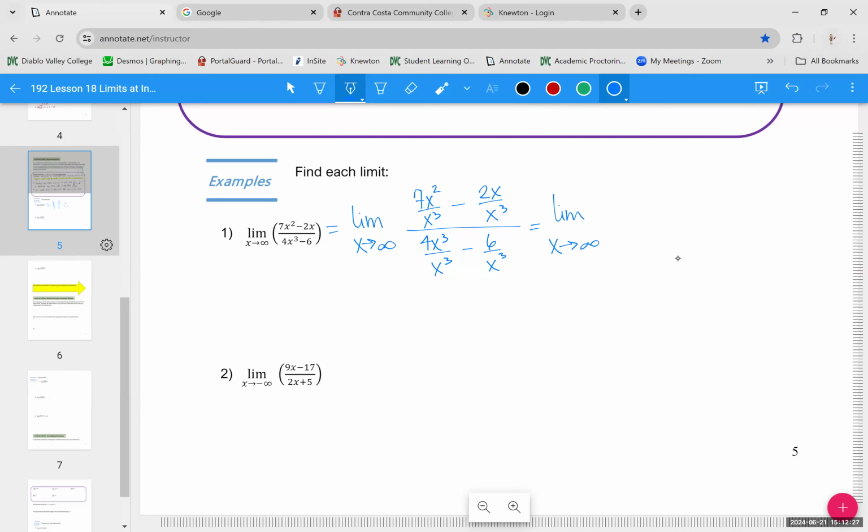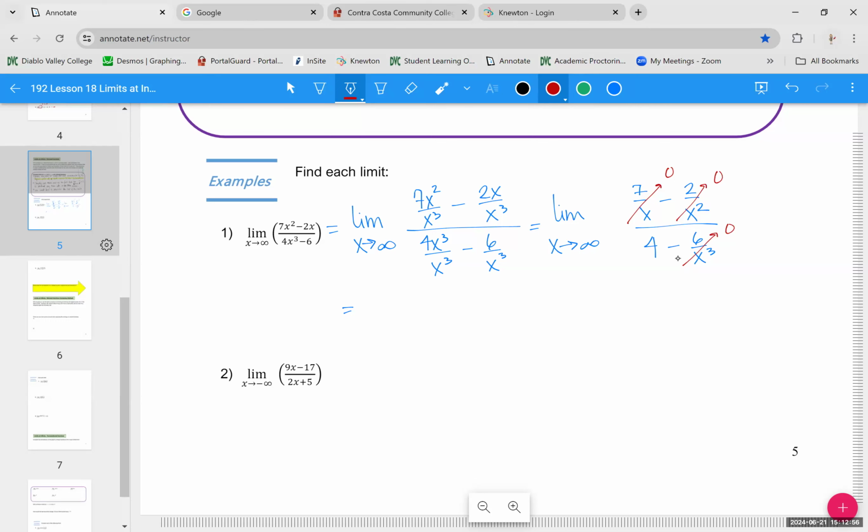Now I'm going to simplify. So I'll have 7 over x minus 2 over x squared over 4 minus 6 over x cubed. Okay. So those are the first 2 steps, dividing everything by the highest power of x in the denominator and then simplifying. And then in the next step, I'm going to actually take the limit. And I often just write it like this.